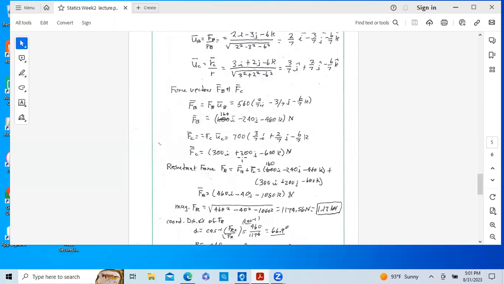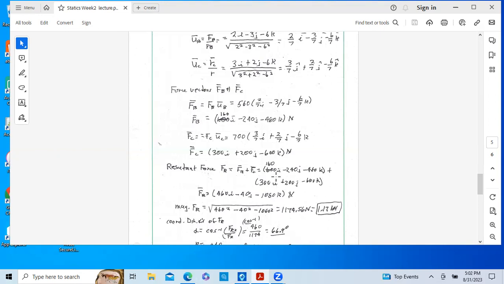Resultant force, we add these two forces. The resultant is F sub B plus F sub C, written as vectors with IJK. So we get the IJK components, that addition, and that's going to be the resultant.